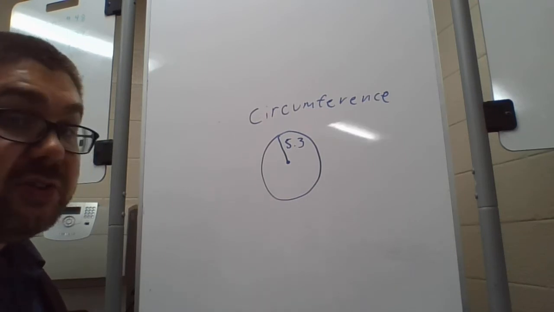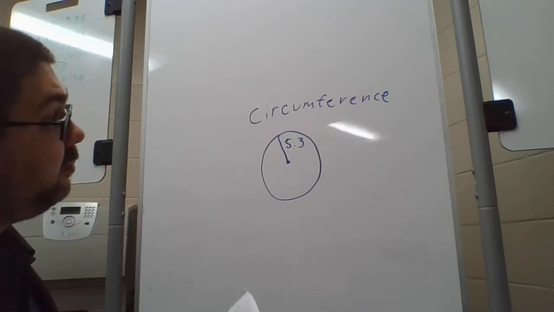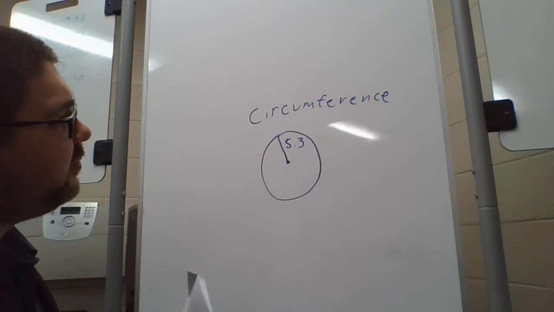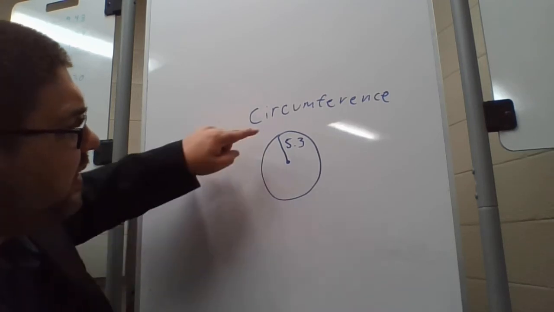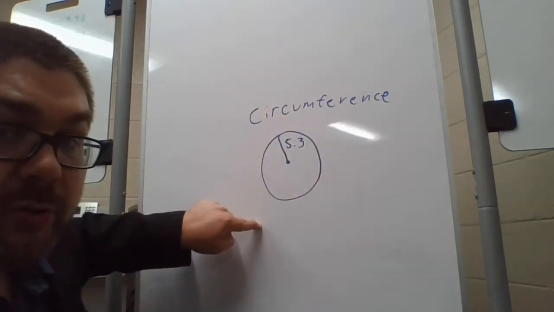Okay, now what is a circumference? It's a guy named Cumference before he became a knight. No, that's not really what it is. Circumference is the distance all the way around the edge of the circle.